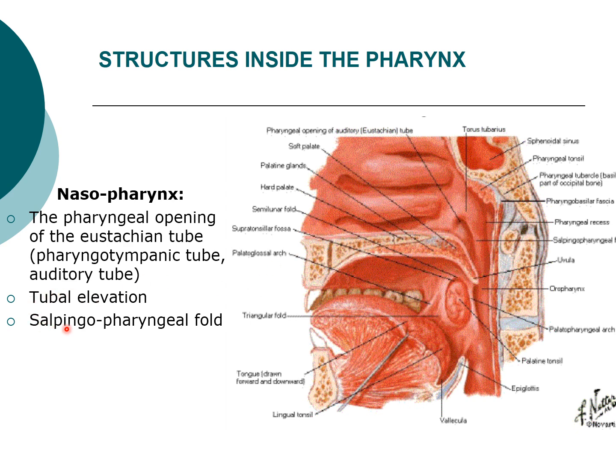Salpinx is a tube. So salpingopharyngeal fold is a fold between the Eustachian tube and the wall of the pharynx. This fold of mucous membrane contains a muscle with the same name, salpingopharyngeus muscle.